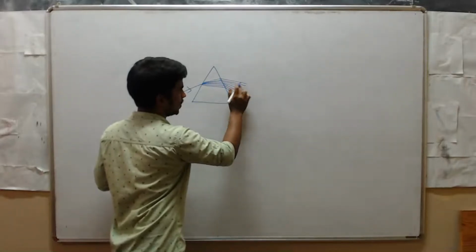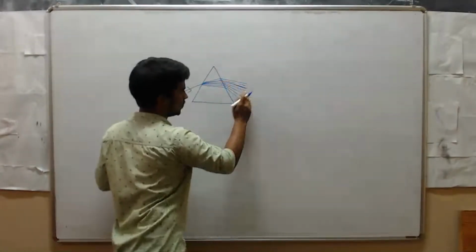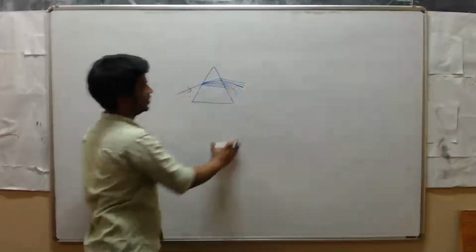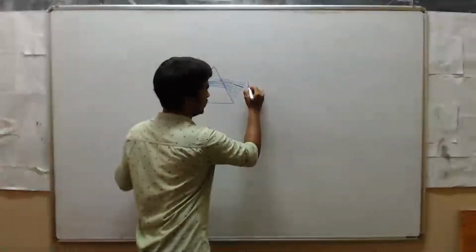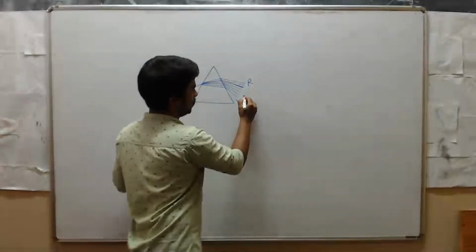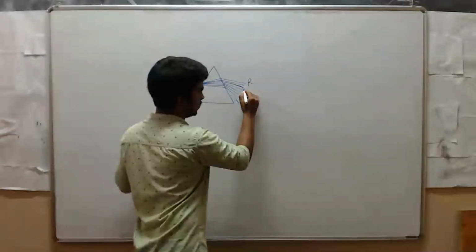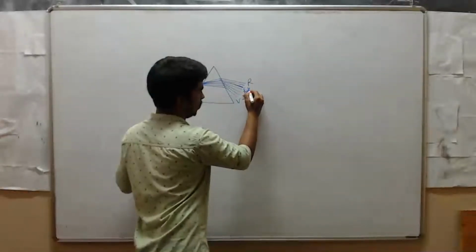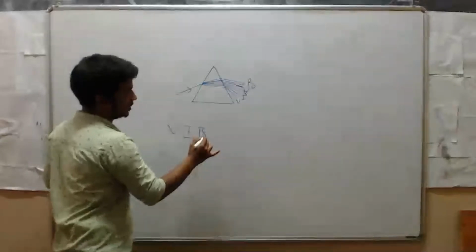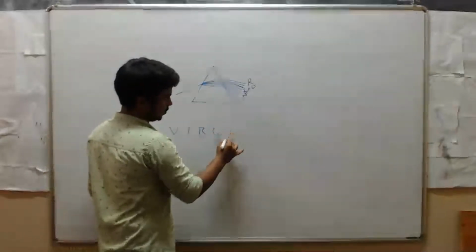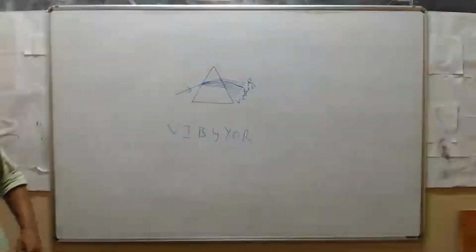Okay, see here. The white light splits into several colors, and we will get this kind of pattern: V, I, B, G, Y, O, R. VIBGYOR.